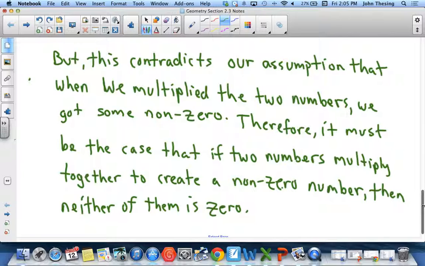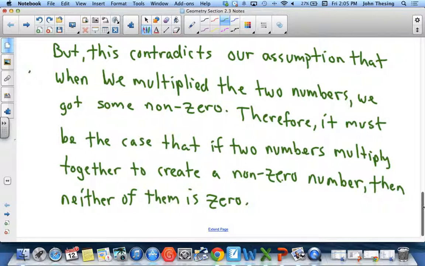That's a lot. So are we done now? Is it a done deal? So we were wrong. Yeah, he was wrong. So I was wrong. Baja is correct to say that if two numbers multiply together and they get something that's not 0, then there's no way either one of them is 0. So you would have to try to prove yourself, right? Baja would. I would have to try to prove myself, but what happens when I try to prove myself?